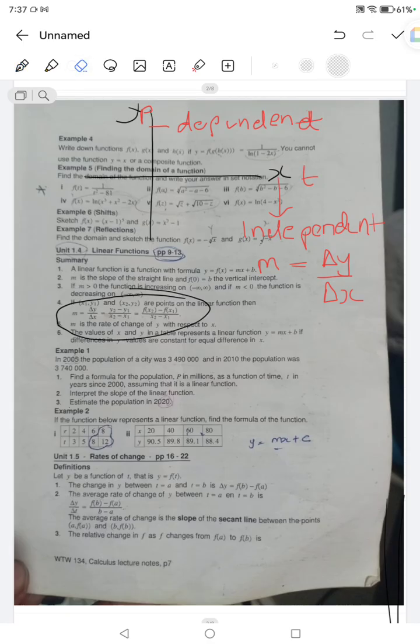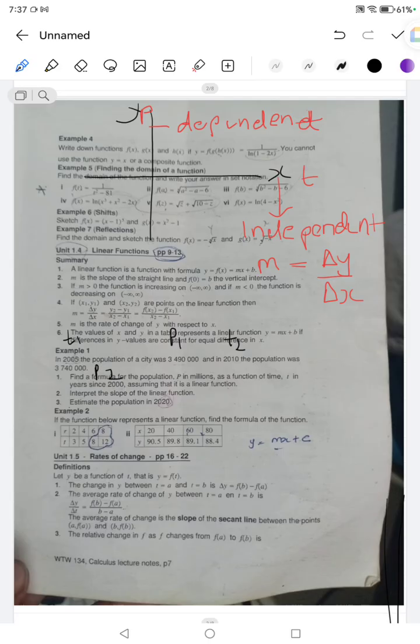But in our case, we're going to say this one would be the t1, then this one is going to be the p1, then this one is going to be the t2, then this one is going to be the p2.